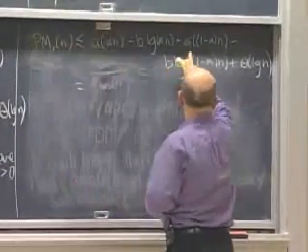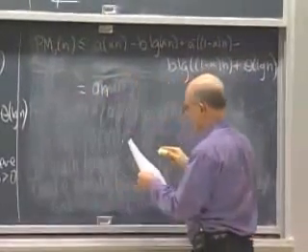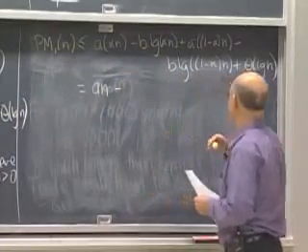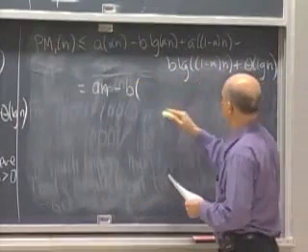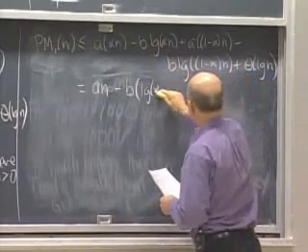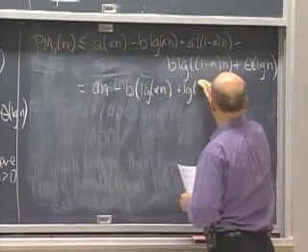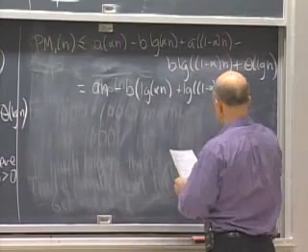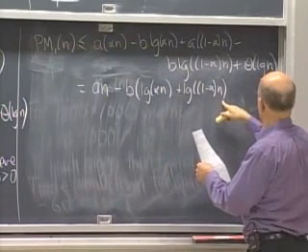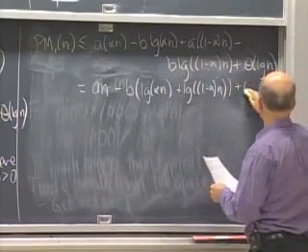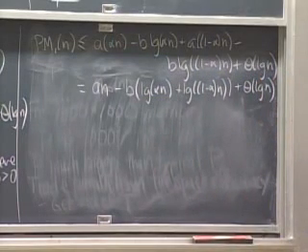Let's do a little algebra. That's equal to A times alpha n, A times 1 minus alpha n. That's just an. Okay, minus, well, the B isn't quite so simple. Okay, so I have a B term. Now I got a whole bunch of stuff there. I get log of alpha n. I have then this log of 1 minus alpha n. That's alpha n. And then plus theta log n.